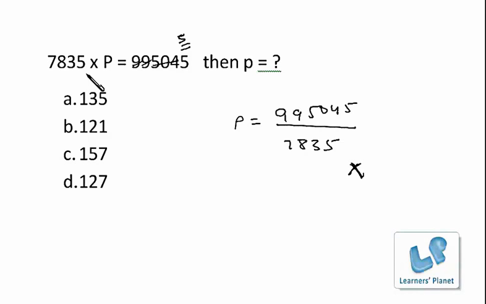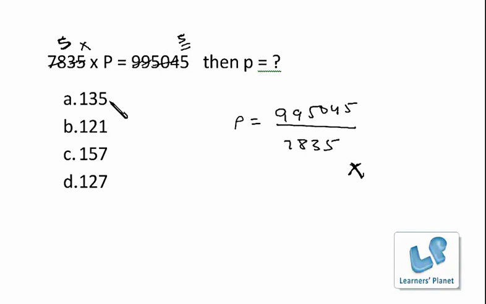So first of all, let's find the digital sum of this. It's 7 plus 8 is 15 and 5 is 20, that is 2, 2 plus 3 is 5. Right, so from the options we have to choose a number whose digital sum is 1 only, so that 1 into 5 will give us 5, right?